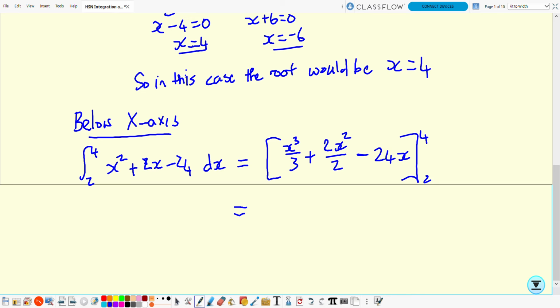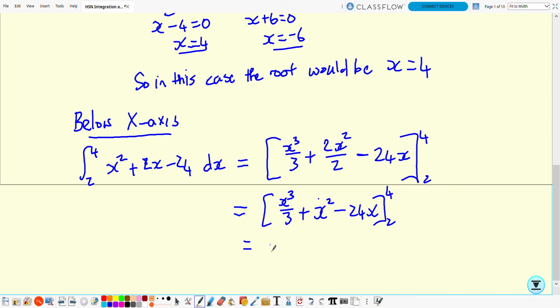Before we sub in those limits, you would want to have simplified this so that it just becomes x cubed over 3 plus x squared minus 24x. So with our limits of 2 and 4, we're now able to sub them in.